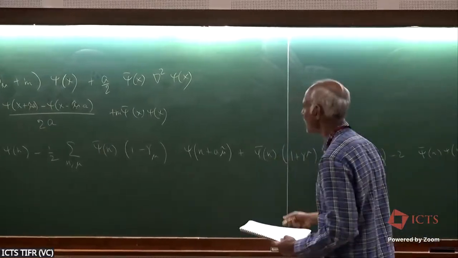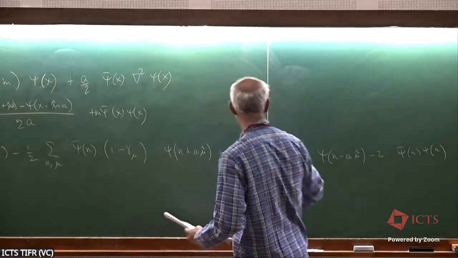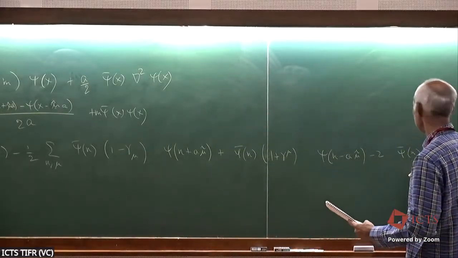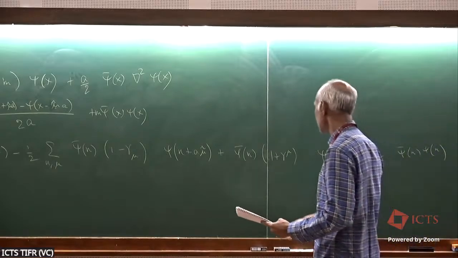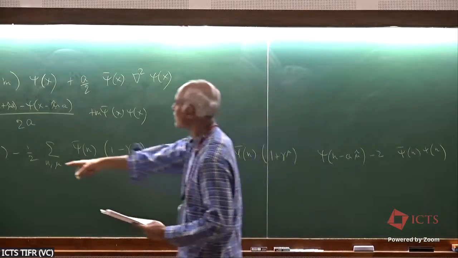It should be obvious what is coming from where, right? So this plus this minus this gives you the double derivative. And then this and this gives you the gamma mu del mu. And of course, this is the mass term.